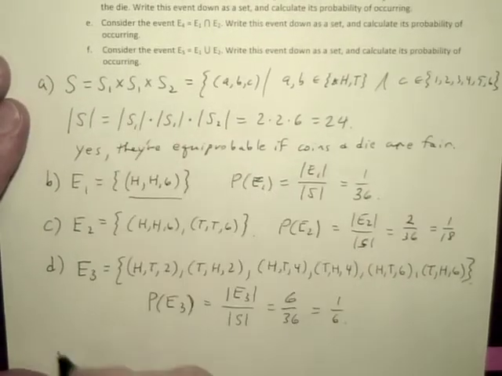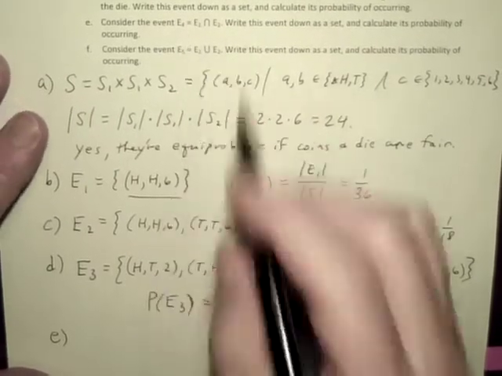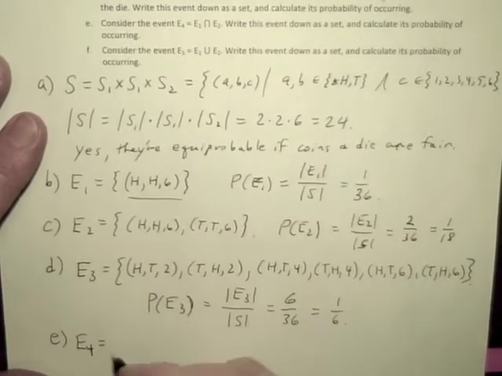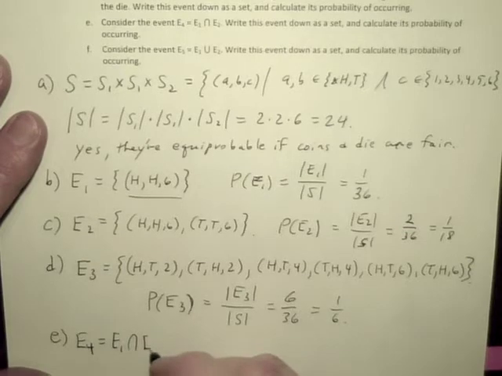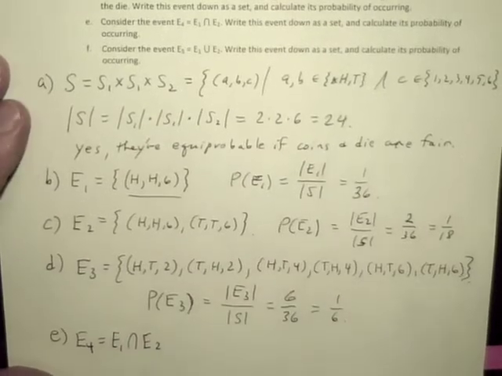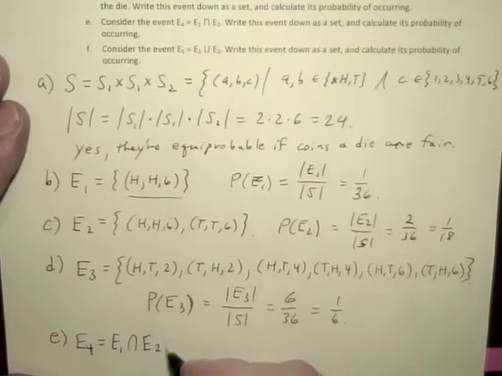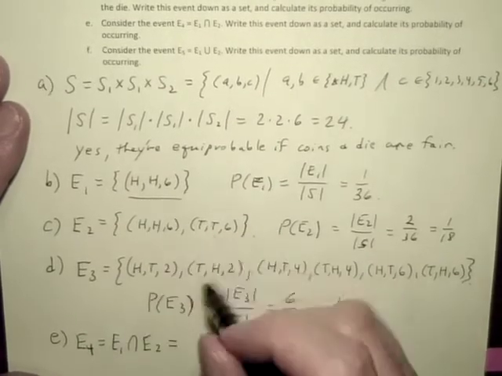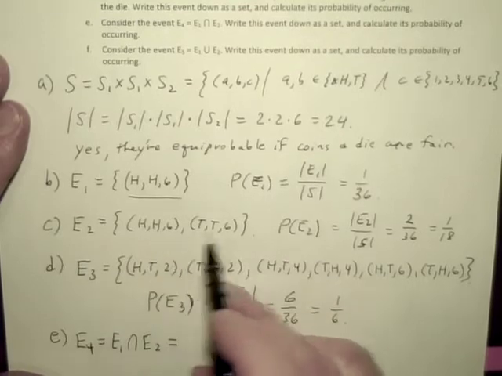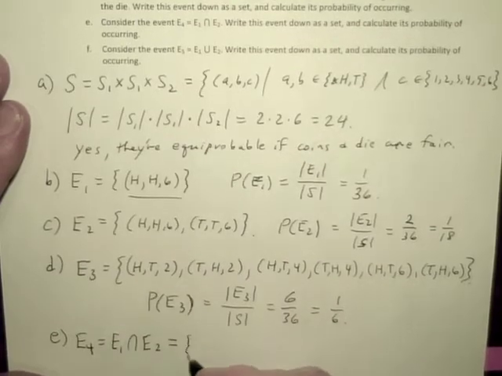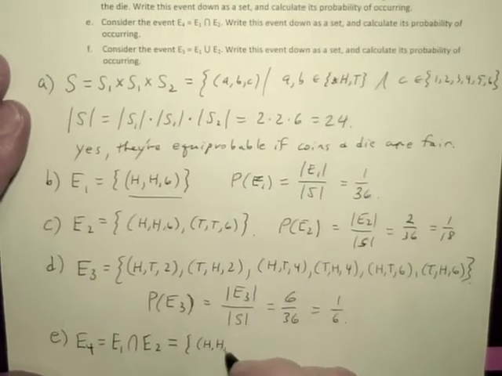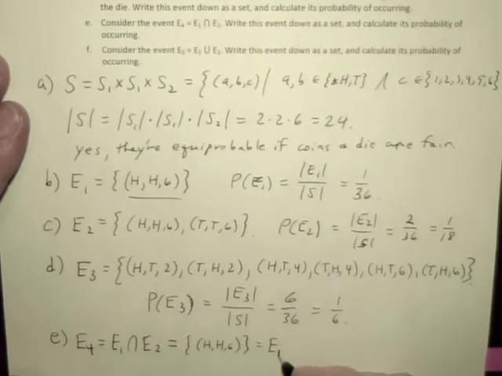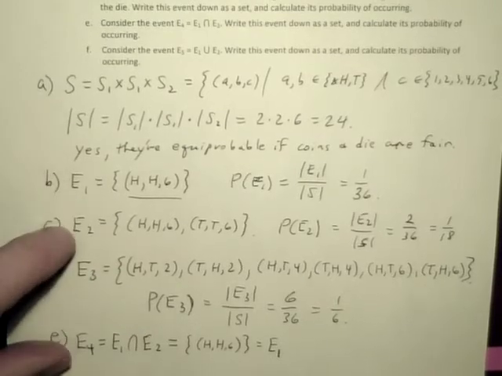Part E says consider the event E4, which is E1 intersected with E2. Oh, okay, yeah. Write this event down. So it's HH6 intersected with HH6, TT6, and that happens to be HH6, which is in fact E1 because E1 is a subset of E2.